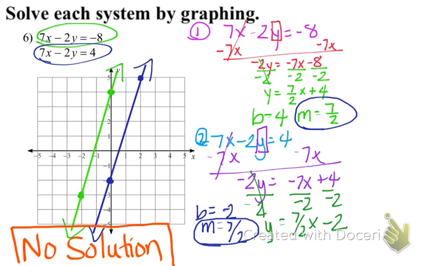Now there is one other type of system. We're not going to graph it, but I'm going to talk about it with you. If I graph one of these lines, and then I graph a second line, and the lines line up exactly on top of each other.